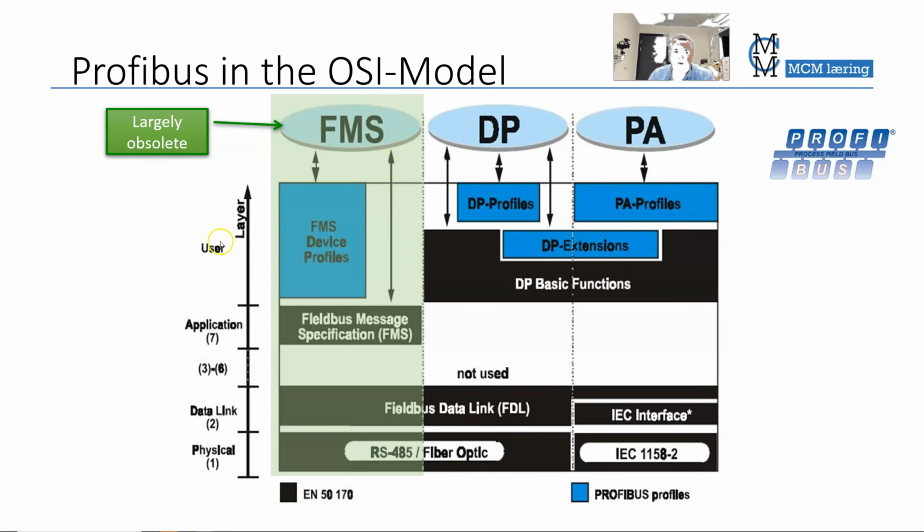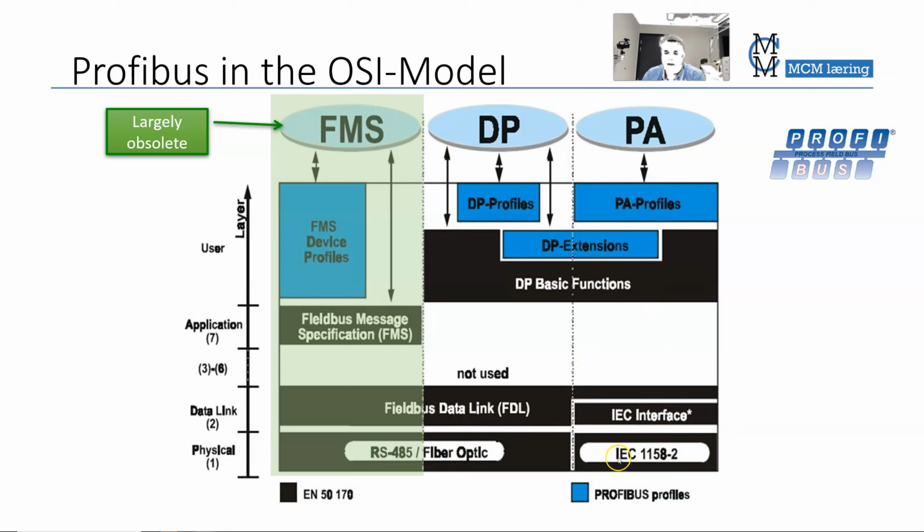If we look at this in the OSI-Model, you also have a third one, the FMS, which is basically obsolete. DP and PA are both defined in layer 1 and 2, where for DP you basically use RS485.